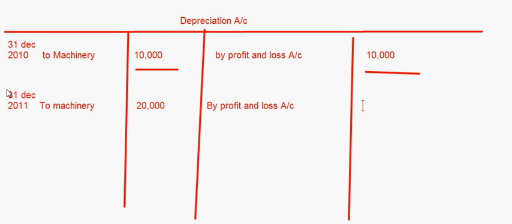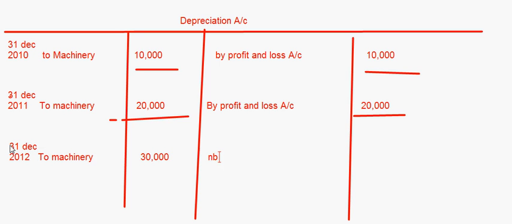For each year, whatever depreciation you had put, the first year, 31st December 2010, we had written to machinery account, and the first year the value of the depreciation was only 10,000. So this is transferred to profit and loss account, 10,000, and that is closed.